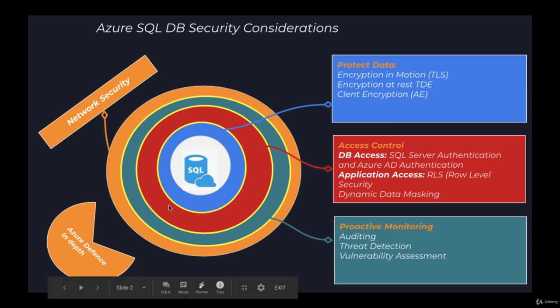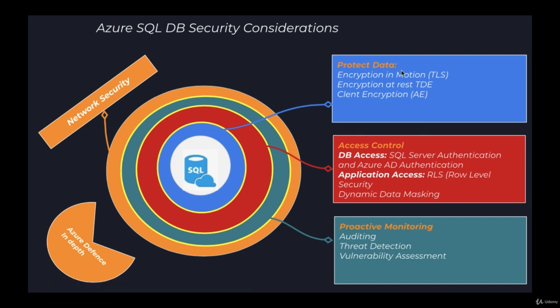To have that defense in depth, there are a number of security controls which can be applied at the network level, and then a number of controls to protect the data. Similarly, Microsoft has provided features so that we can have that defense in depth, or layered control, to protect our sensitive data.